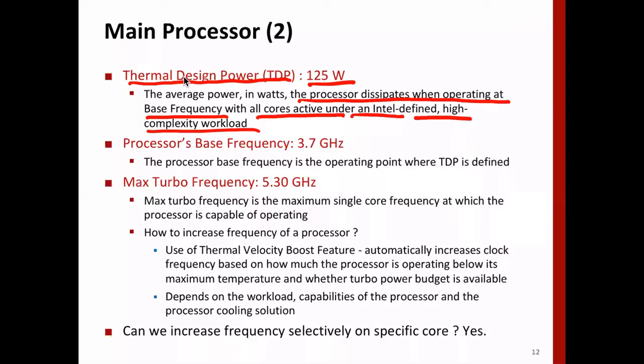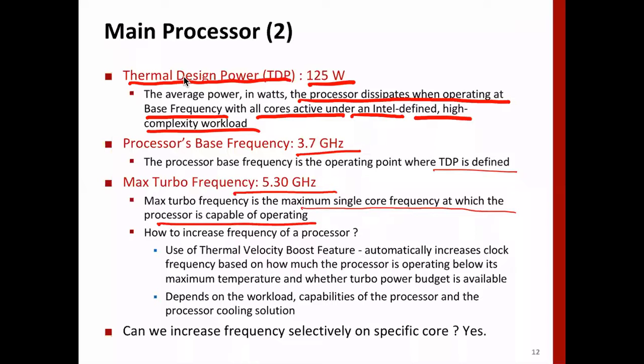So Intel has defined its own benchmark or specification that if you are running all the cores, all 10 cores in this case, then the maximum power for an average load will be 125 watt, and the base frequency is 3.7 gigahertz. Okay, so base frequency is where we define TDP, but it also defines turbo frequency, which is the maximum frequency you can use. Okay, so this is the maximum single core frequency at which the processor is capable of operating.